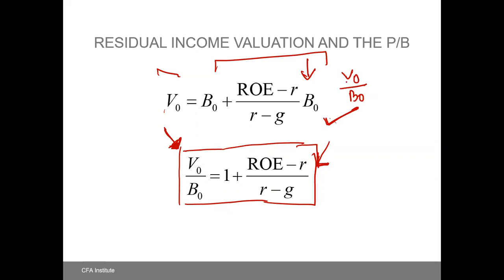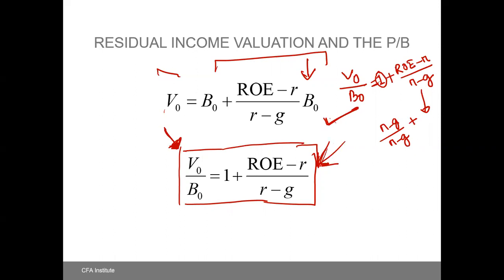This is the market value over book value, and it will become 1 as we are dividing both sides by the book value of equity, and here it would be (ROE minus R) over (R minus G). Okay. Now, with the 1, if we write the R minus G over R minus G, it is possible to come up here.